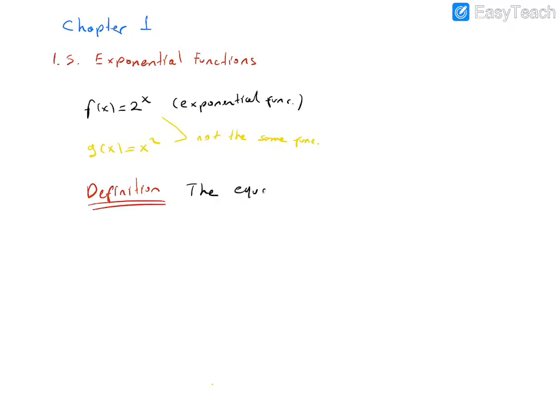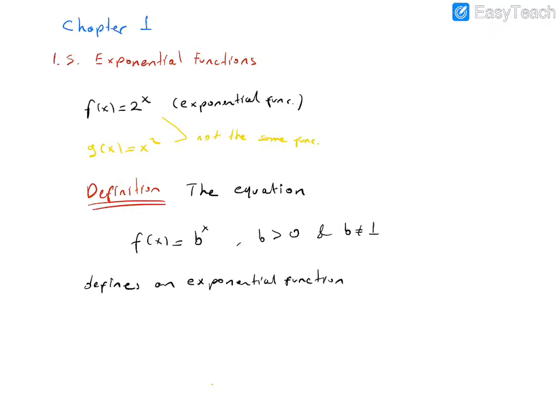The equation or the function, actually your textbook says equation, we can say the function f of x equals b to the power x, where b is bigger than 0 and different than 1, defines an exponential function, for each positive real number b, each different constant b.